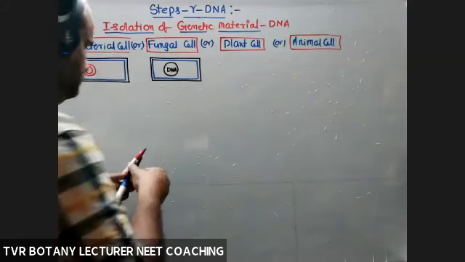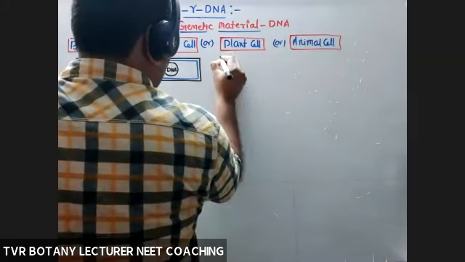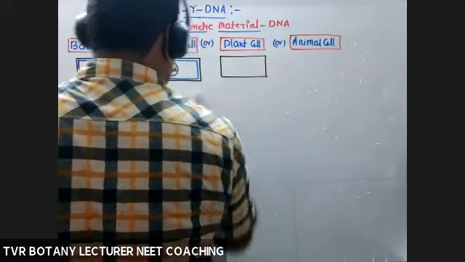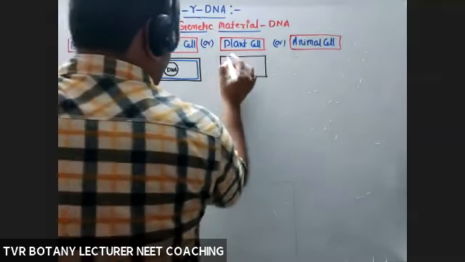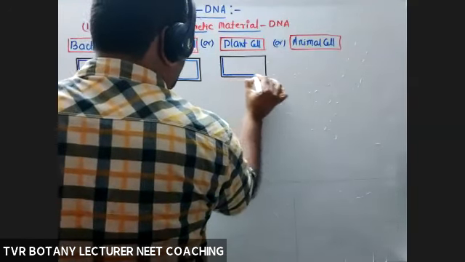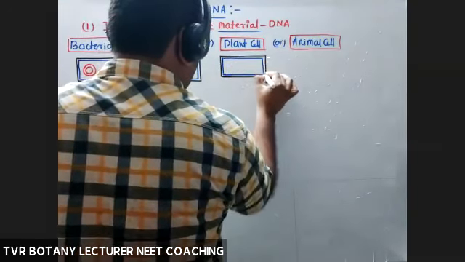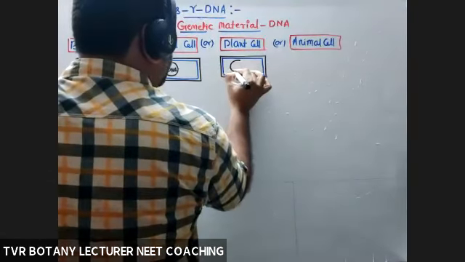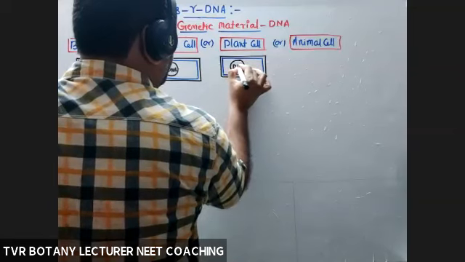Next, plant cell: cell wall, cell membrane, nucleus with DNA.